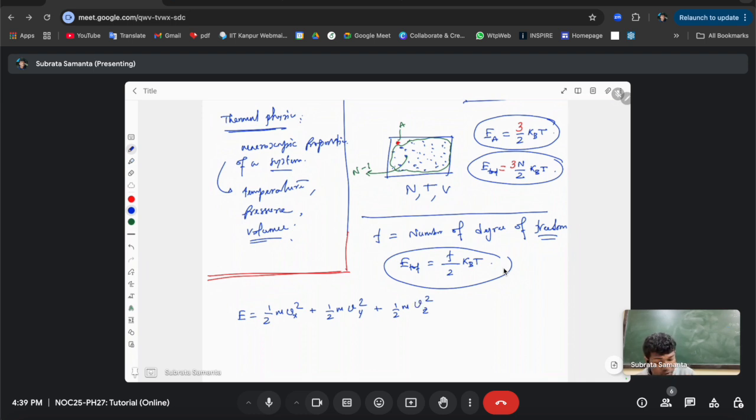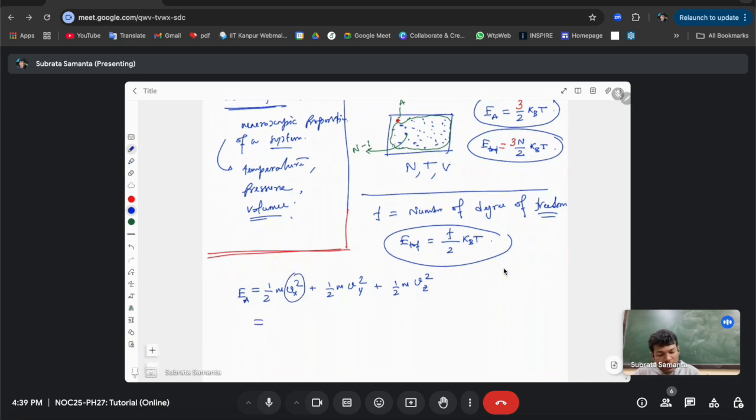I am not considering any potential, that means any interacting force, so there is only random movement through the kinetic energy. Each mode has a squared term, so each shares half kBT, right? This one is half kBT, this one is half kBT, and this one is also half kBT. If we add them, the total is basically 3/2 kBT for each particle, for each molecule.